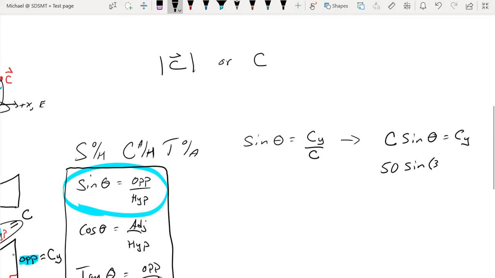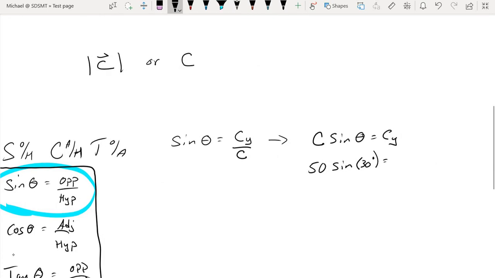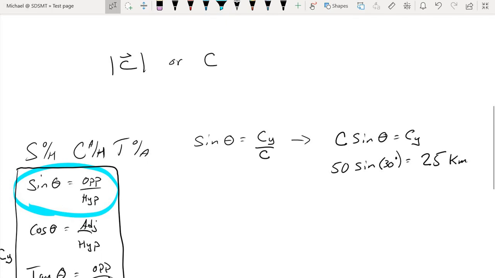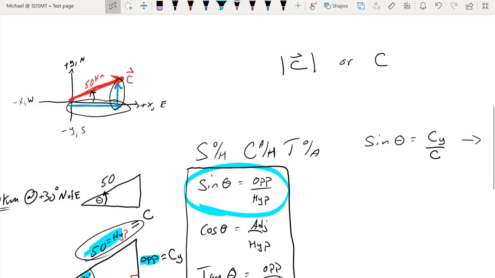And sine of our angle, which is 30 degrees, we can plug into our calculator, or if you remember some of your sine evaluations, I believe this is 25. Don't forget your units. 25 kilometers. So when we look back at our little detour picture, the y component of our detour trip says that we have to travel 25 kilometers northward.